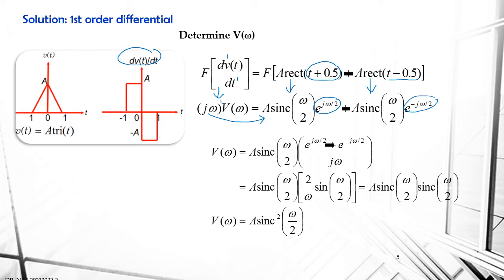If you notice, this is basically the shape of a sine function. The sine function in exponential form is (e^{jωt} - e^{-jωt}) divided by 2j. So modify the equation a bit, and at the end you will get V(ω) equal to a sinc squared (ω/2).